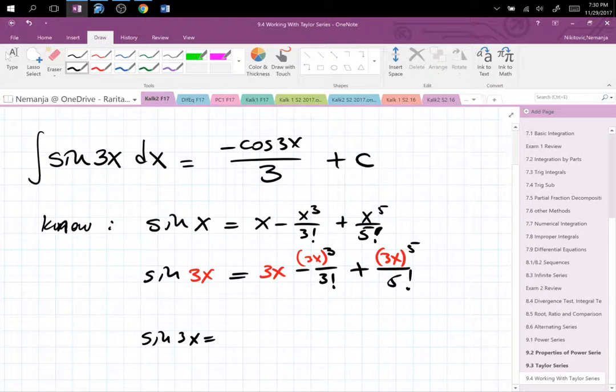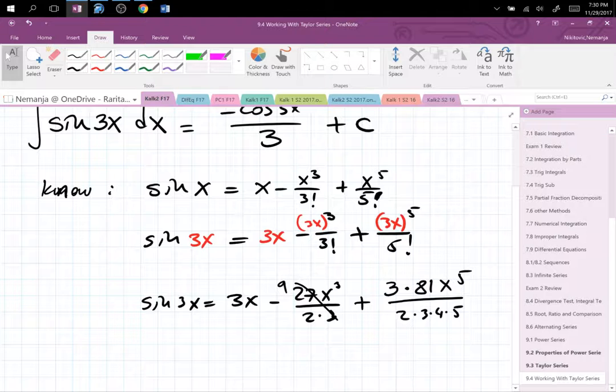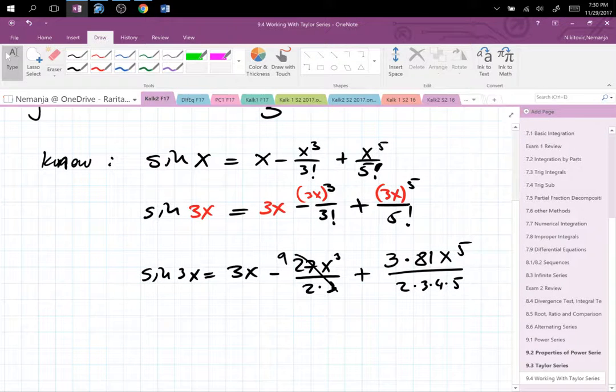So what is the sine 3x? Sine 3x is expanded as 3x minus 27x cubed over 2 times 3, and then that cancels into a 9, plus 3 to the 5, so that's going to be 3 times 81, x to the 5, over 2 times 3 times 4 times 5, if you were wondering why I'm picking certain values.